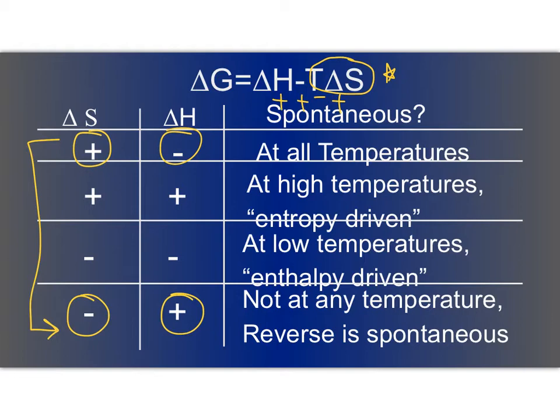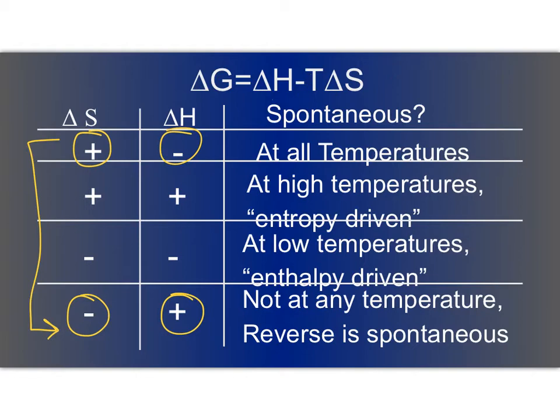However, if the temperature was very low, then the enthalpy factor would be important, and we would find that the delta G would be positive. So we say at high temperatures in this scenario that the reaction is entropy driven, because the T delta S factor is what is going to make the delta G negative.